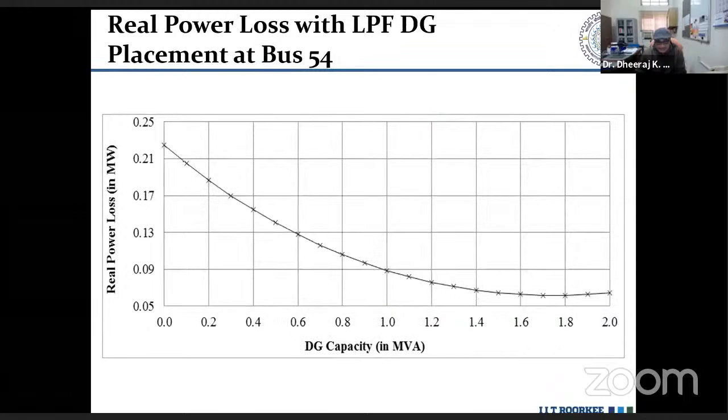And now this is the case with load power factor DG. Here also the trend is similar: with increase in DG capacity, losses first decrease, are minimum at this point, and if we further increase the DG capacity, losses may increase.